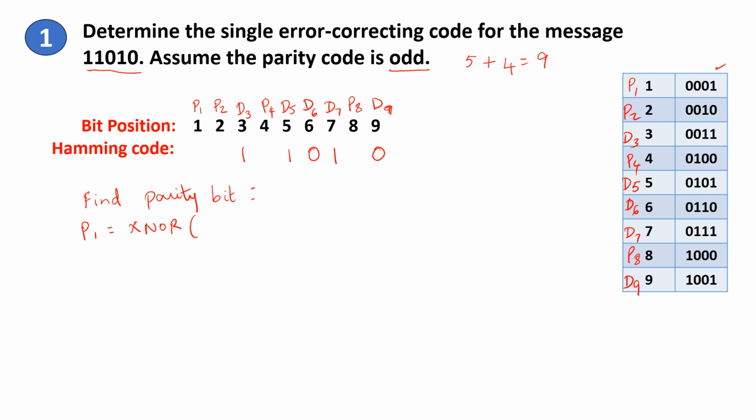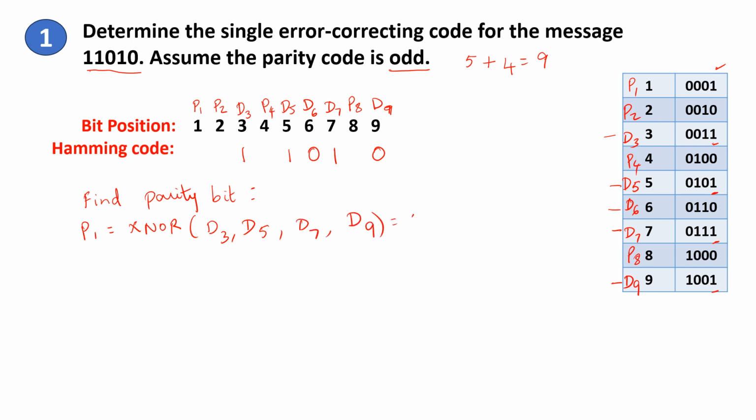So only among the data bits you have to check whether there is 1 in the first position. In the first position, D3 has 1, D5 has 1, D7 has 1, and D9 has 1. So here we will choose those data bits: D3, D5, D7, then D9.